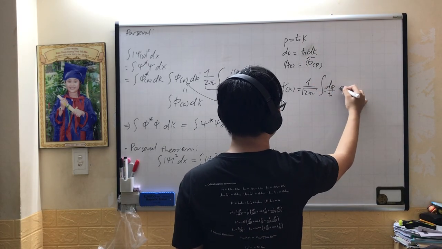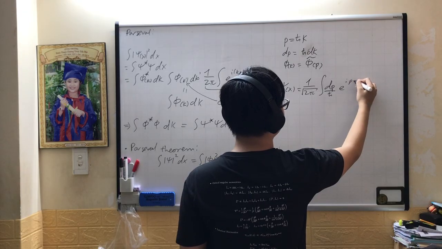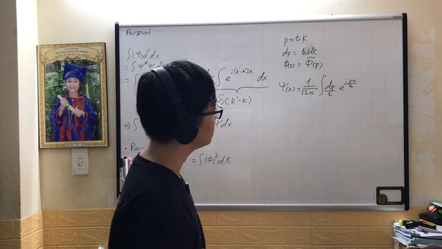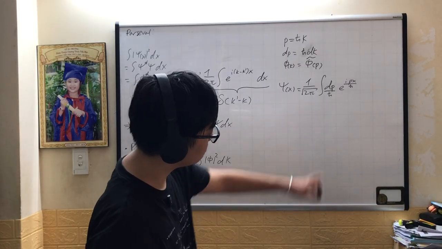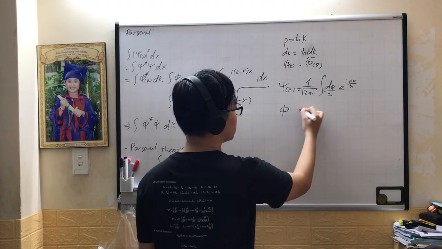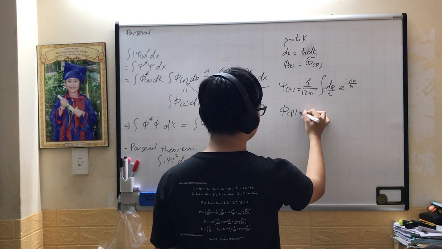Remember that part? e to the ipx over h bar. And you can see that part is kind of weird there.